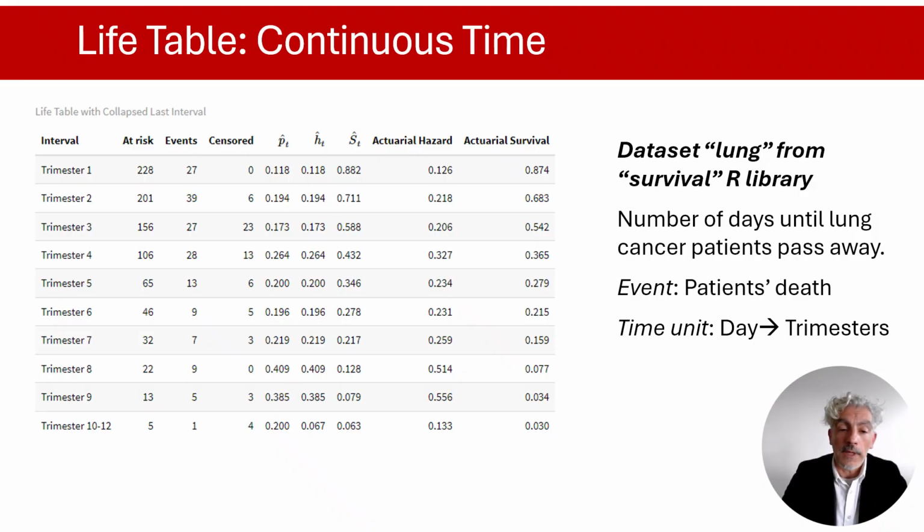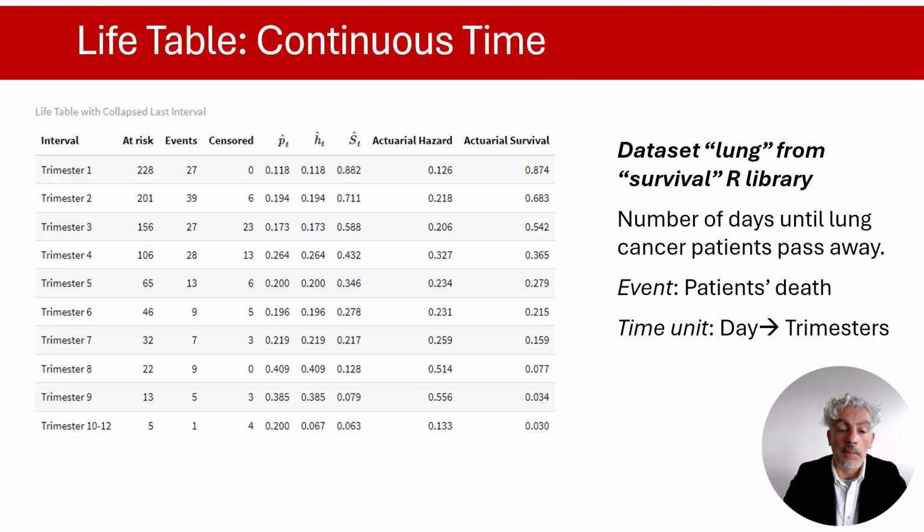Here, note that I also collapsed the last 3 trimesters into a single interval. So it's possible to summarize data for intervals that have different length. In this case, I did that because the risk set in the last 3 trimesters was just 5 participants and only 1 did experience the event within these 3 trimesters.